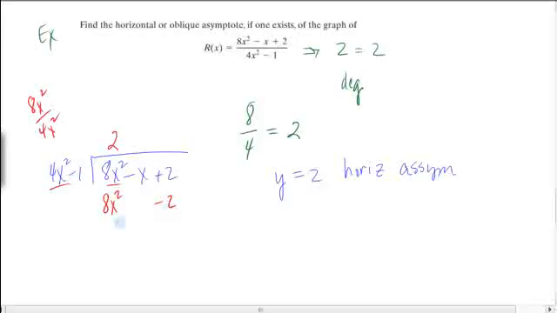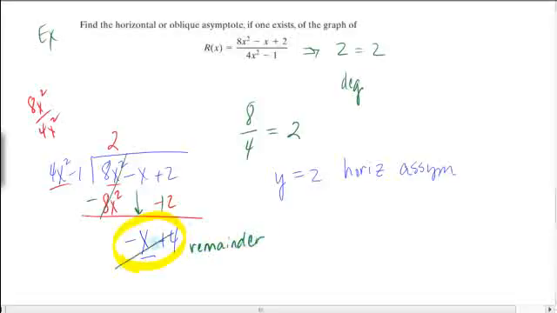We have to line our like terms up. Remember, we have to go through and change our signs. The first term disappeared, so I bring down my x. I get negative x plus 0. Oh, sorry, plus 4. Now, this x is less than the x squared on the outside, so I know that this would be the remainder, which is what I'm going to ignore.